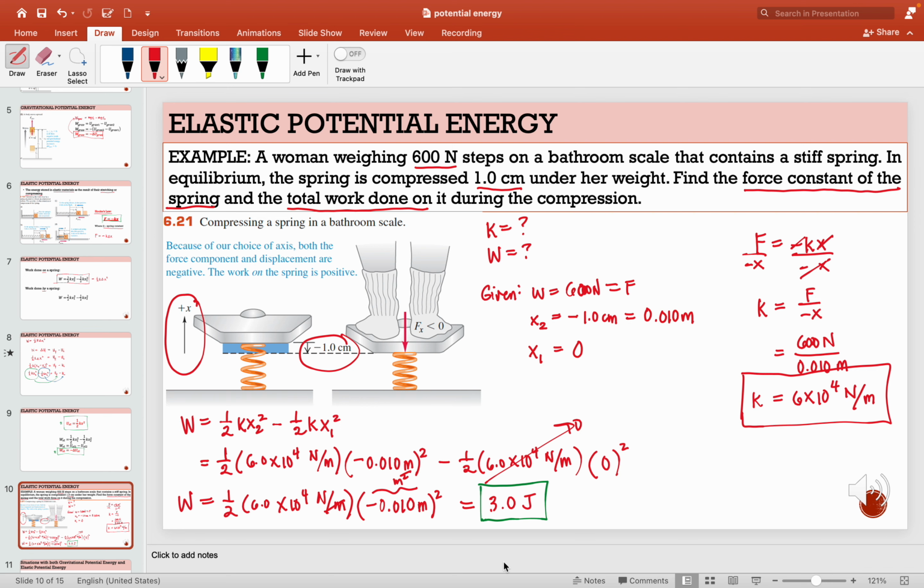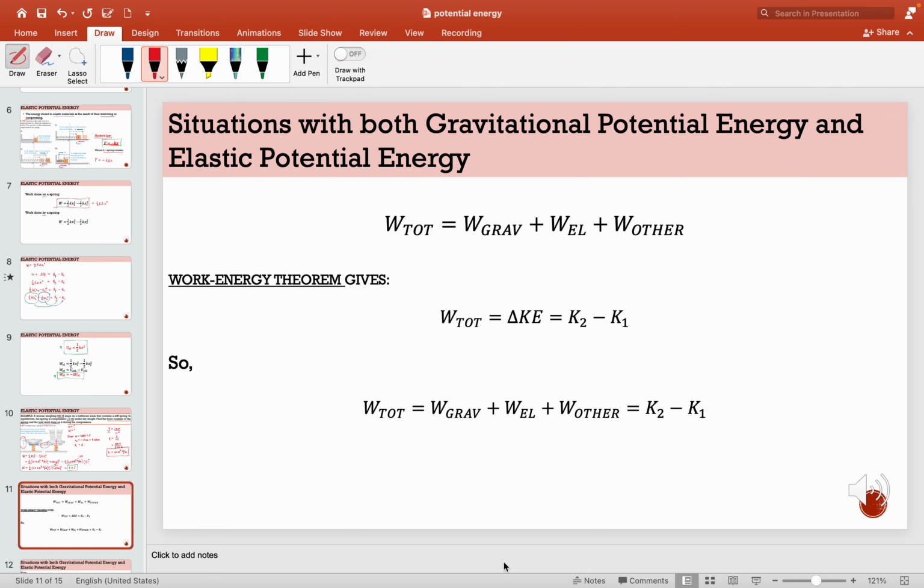Okay, so now, what if we have both the gravitational potential energy and elastic potential energy in one situation?